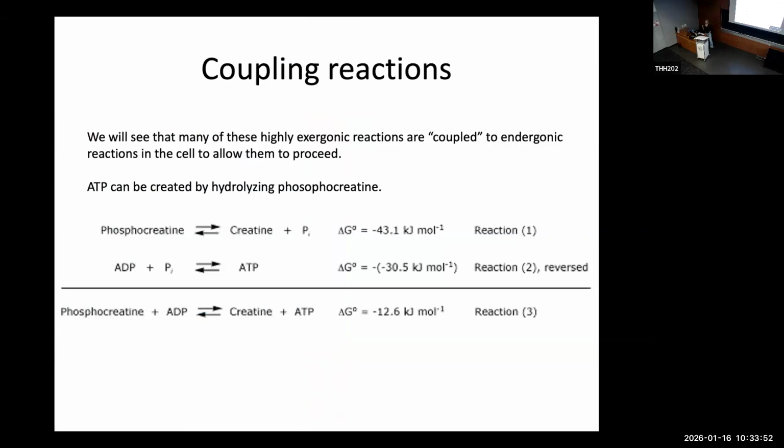So we can couple those two reactions in the cell. ATP gets used, meaning the phosphate gets removed to fuel a reaction, but we want to reattach that phosphate and recycle it. So then the cell also has some storage of creatine phosphate, the phosphocreatine. Removing that phosphate releases more energy, and we can use that energy to reattach the phosphate to ADP and remake ATP.